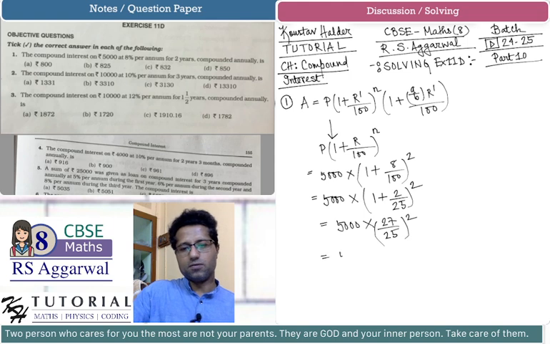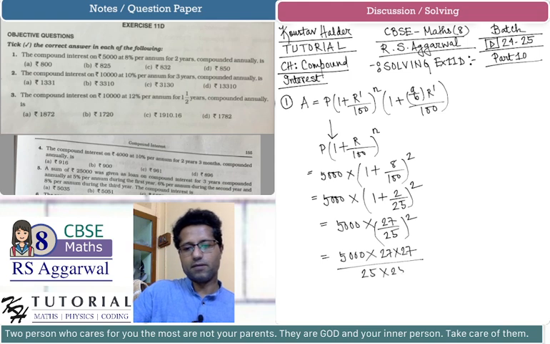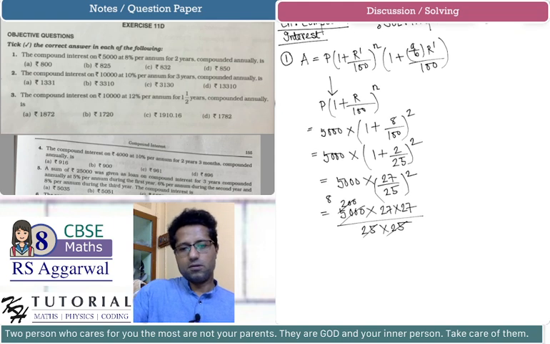This is equal to 5,000 multiplied by 27 multiplied by 27 divided by 25 multiplied by 25. So 25 cancels 5,000 with 200 and 25 cancels 200 with 8. So we have to find 27 square multiplied by 8.